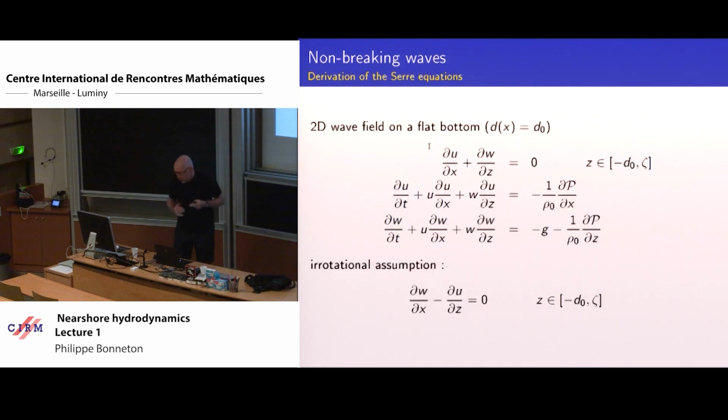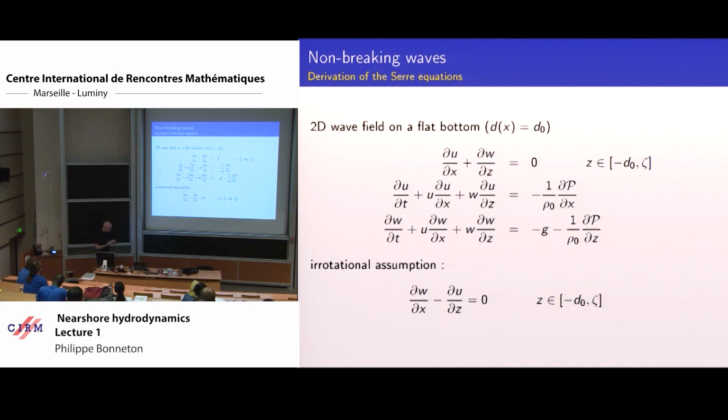So, the basic equations are the Euler equations, with hydrostatic assumption, totally appropriate for water. So the mass conservation: the divergence of the velocity field is equal to 0.